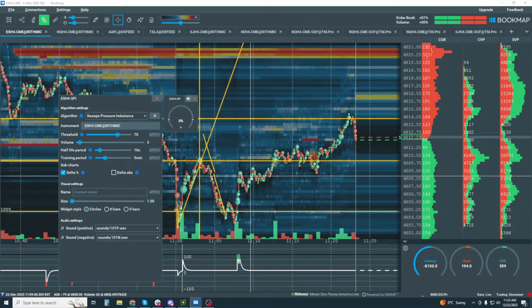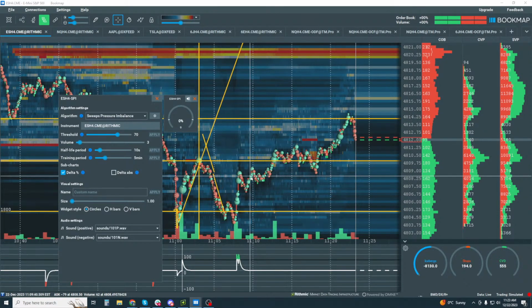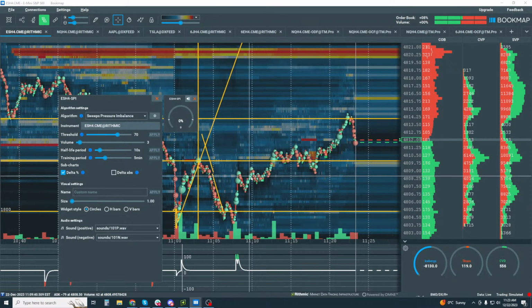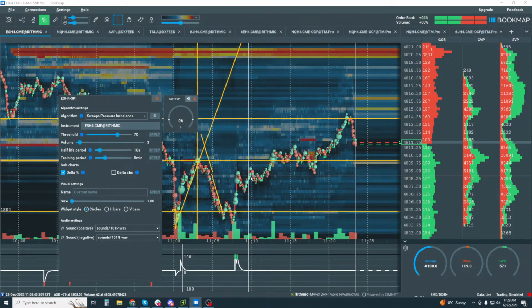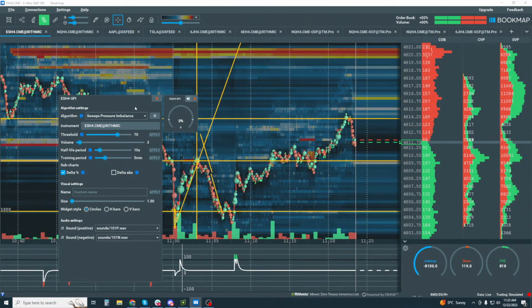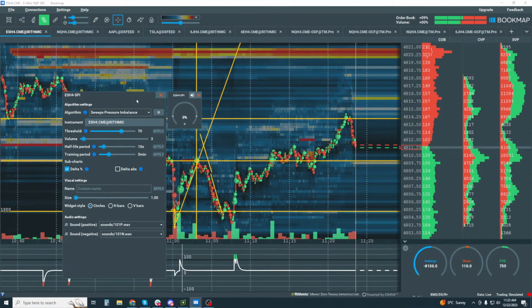I forget what Scott always says, but a book sweep, like we said, could be a market sell or market buy that sweeps the order book. It doesn't have to be a stop. It's likely to have stops in there, but we don't know unless we have the MBO data and the stops indicator.